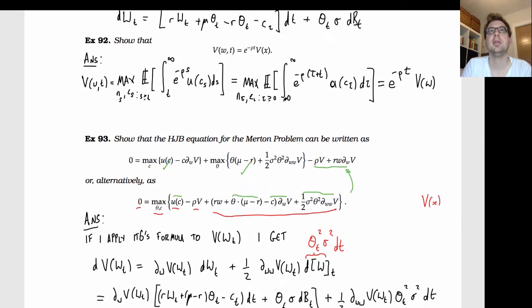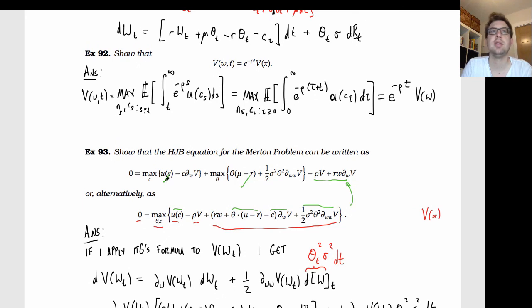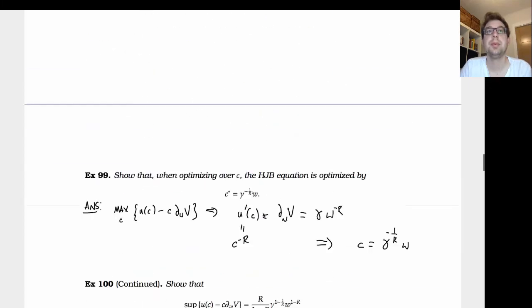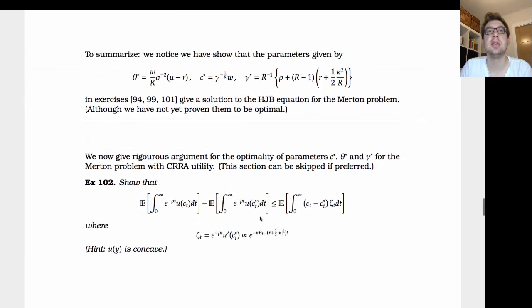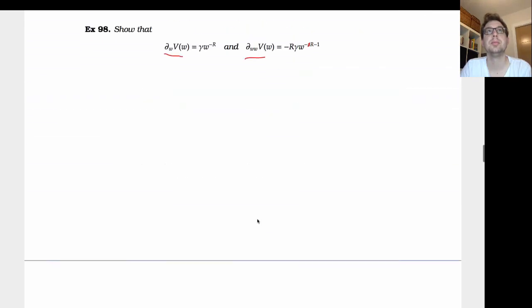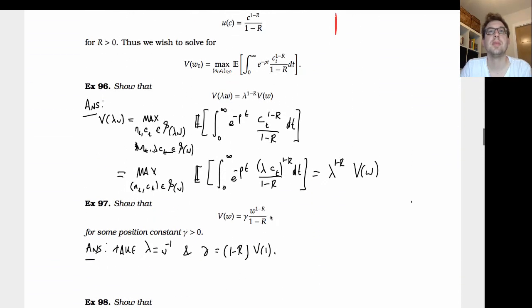So essentially what you're going to be left with is a bunch of terms that have no maximizations in them. It's just lots of partial derivatives in v. And I've told you what the form of v is as well. It's this form. So the only thing you don't know now is gamma.